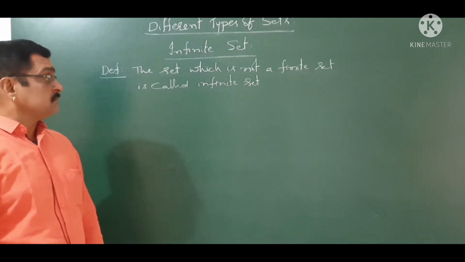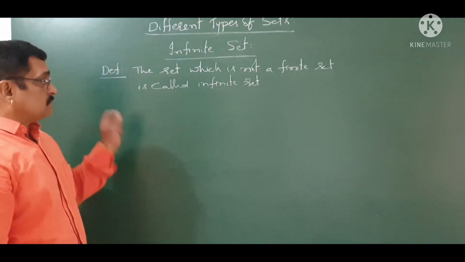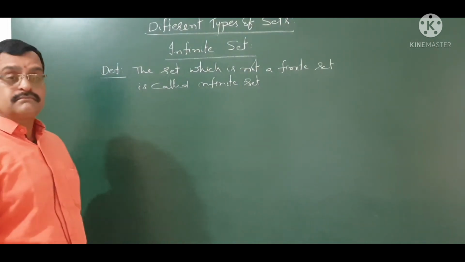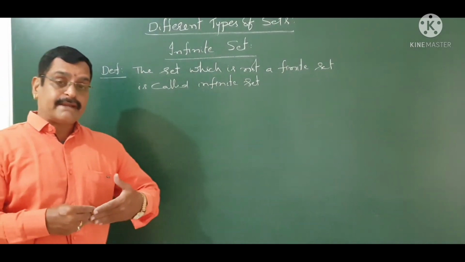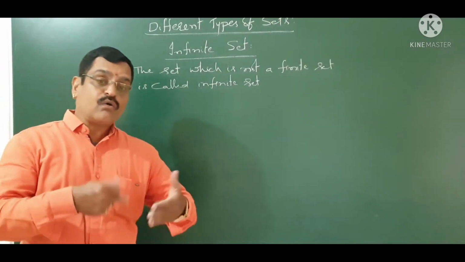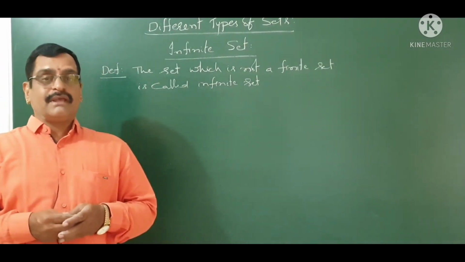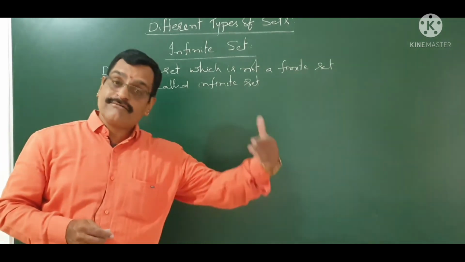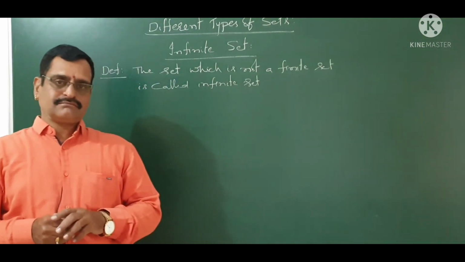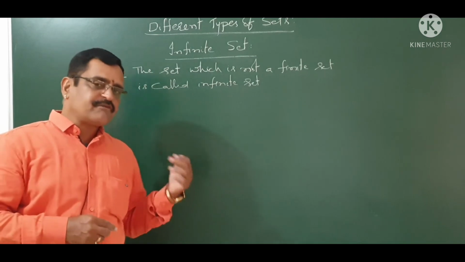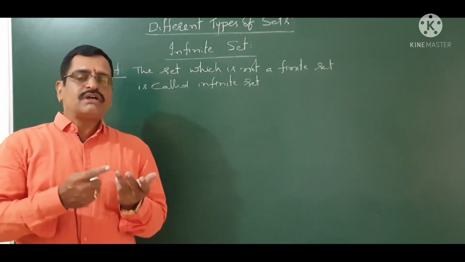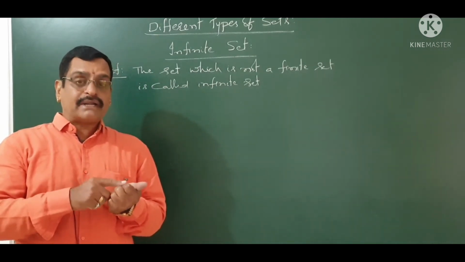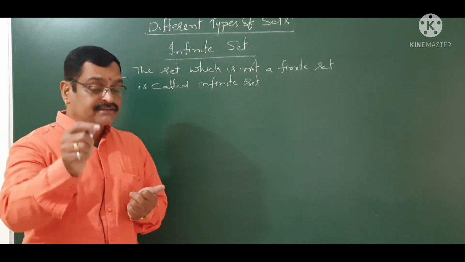Now here, in this infinite set, sometimes we can count the elements, but you cannot finish the counting. I can repeat. In the infinite sets, you can count the elements, but you cannot finish the counting.